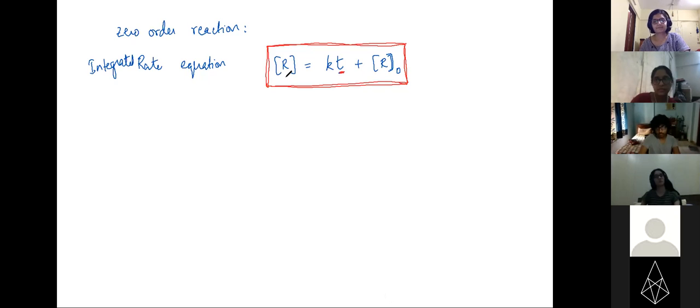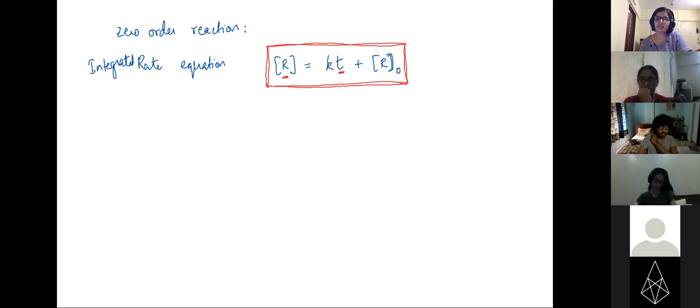That is also a variable with respect to t, so that's going to change with respect to t. K is a constant. Initial concentration is also a constant because initially what we took is going to be an absolute value. So the only variables are time and concentration of reactant. The concentration changes with respect to time.